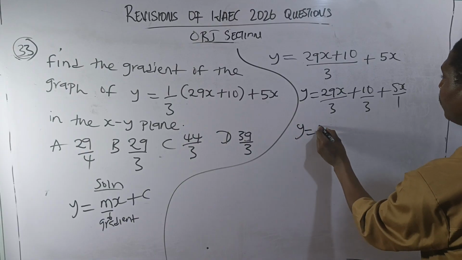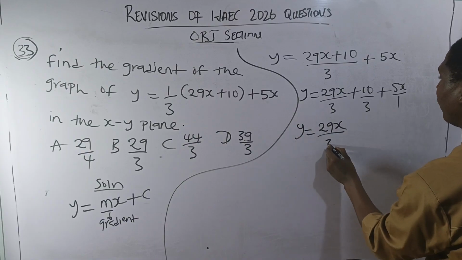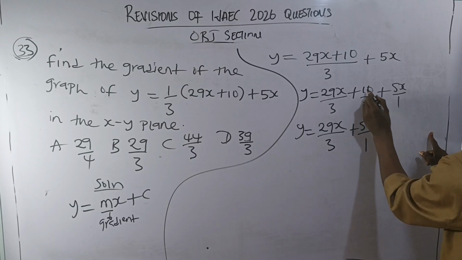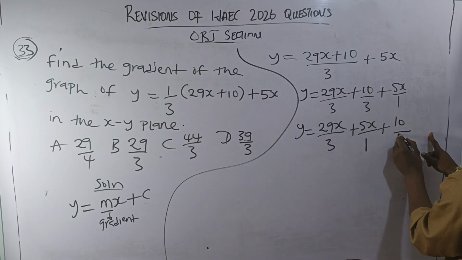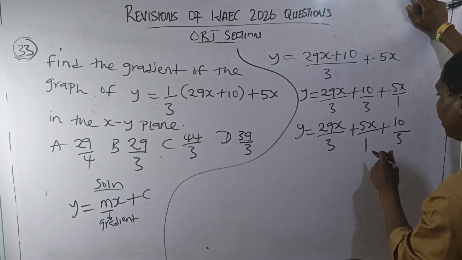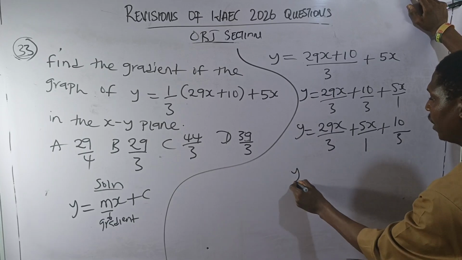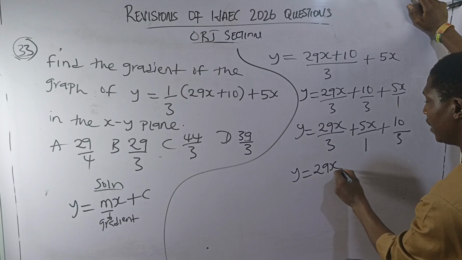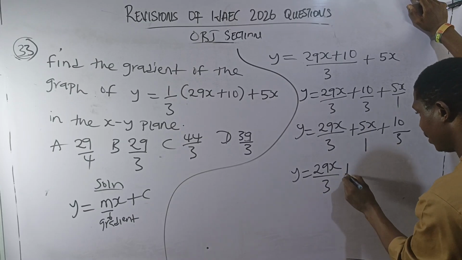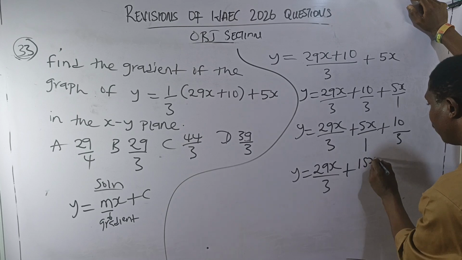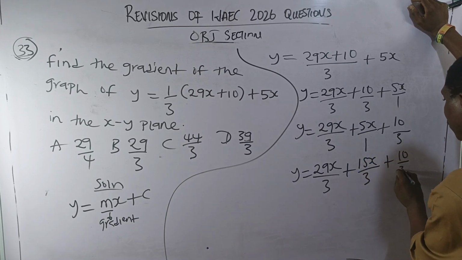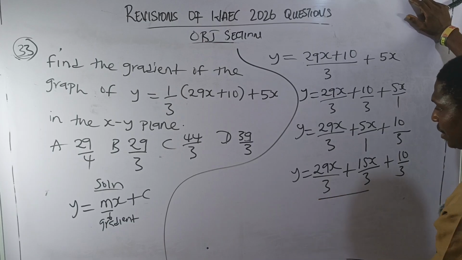And I can have y equal to 29x over 3, bring this closer, plus 5x over 1 plus 10 over 3. Now I don't want to stress myself, I just want to focus on this and this, and I want the denominators to be the same. If the denominators are to be the same, then I'll simply multiply the top by 3 and also multiply the bottom by 3, meaning I've not changed anything. 3 times 5, I'll have 15x, and 3 times 1, I'll have 3, plus 10 over 3.